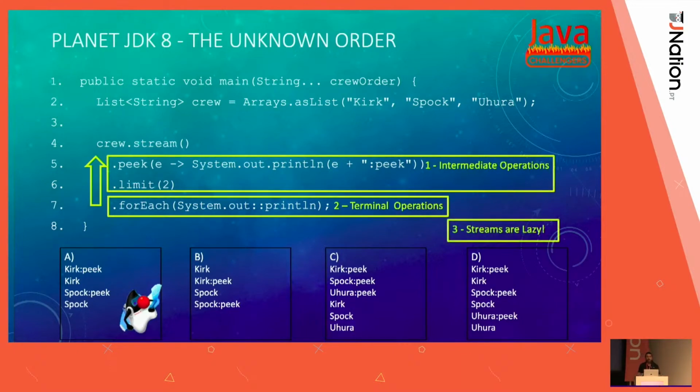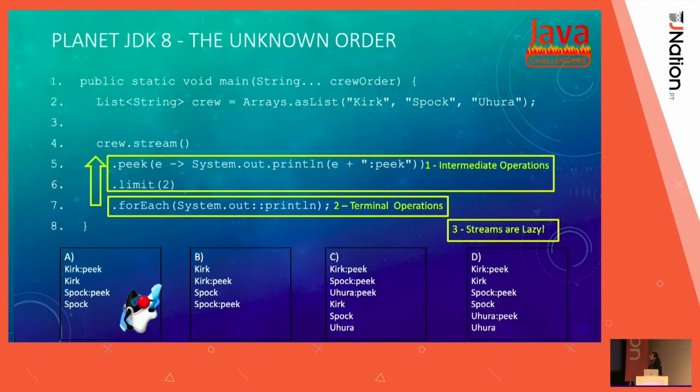Okay, so the important points here about streams are the intermediate operation methods. Those methods don't effectively do any action, which means that they prepare the data the way you want. And there are also the terminal operation methods.